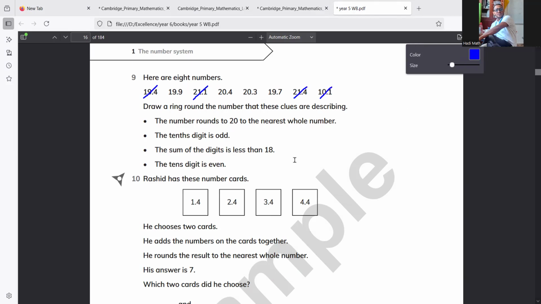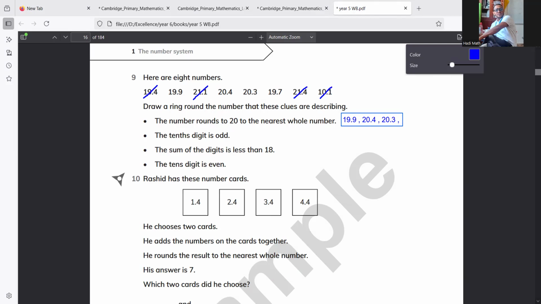Some people write the numbers over here. They say the numbers that we round to the nearest whole and they give us 20. So 19.4 will give us 19, so no. 19.9, they're going to write 19.9. Then they go and write 20.4, because the nearest whole is going to give us 20. Then they write 20.3, because the nearest whole is going to give us 20.